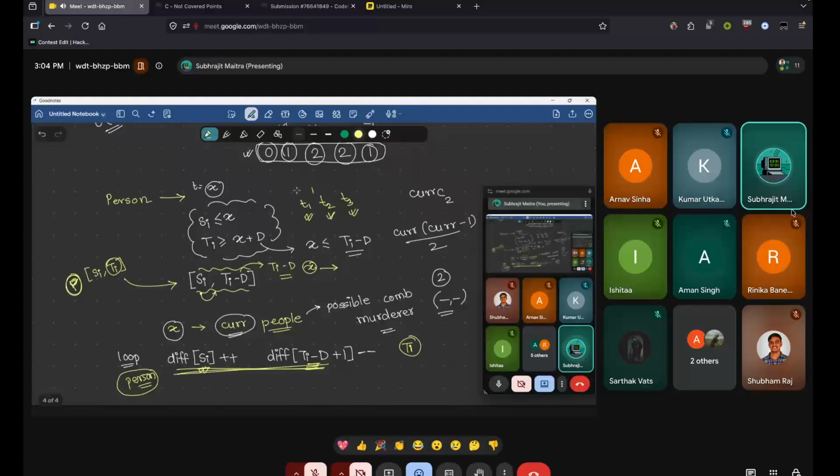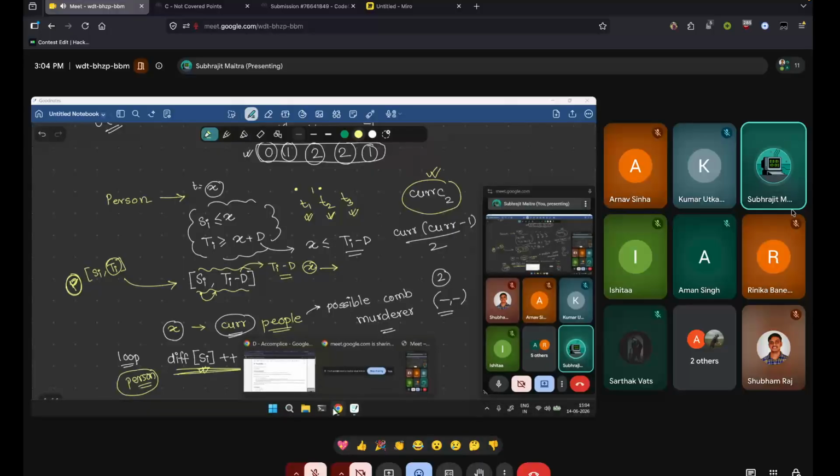And if the murder starts at this time, then C2 number of possible combinations of murderers can be possible. If murder starts at T2, then that many C2 combinations are possible.